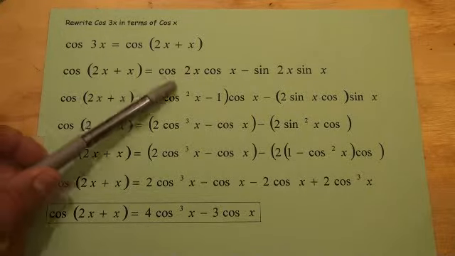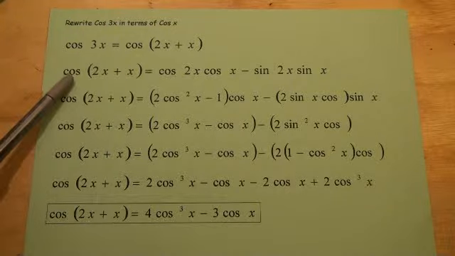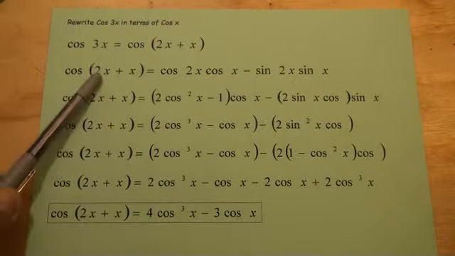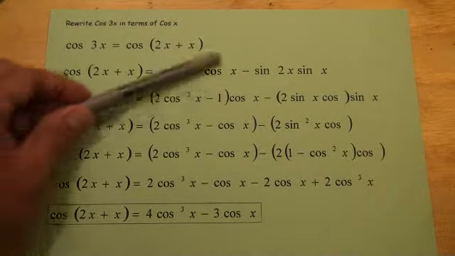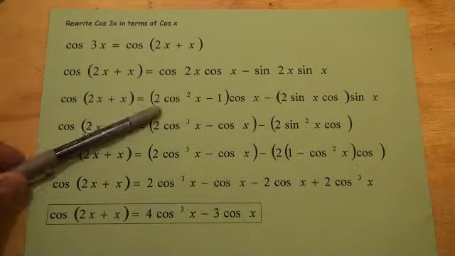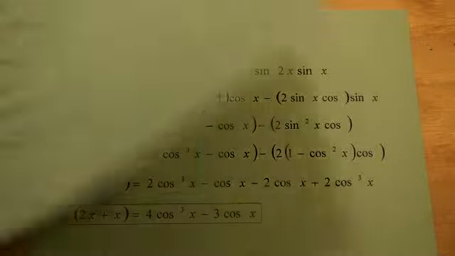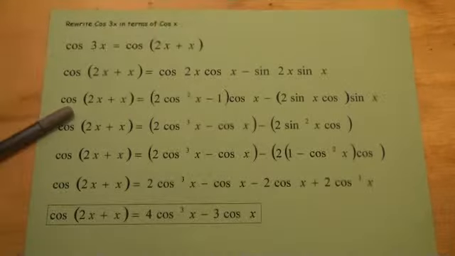We use cosine first angle, cosine second angle, minus, remember cosine's backwards, minus sine first angle, sine second angle. Then we rewrite the cosine double angle as one of these three substitutions. Just pick one, see what happens.